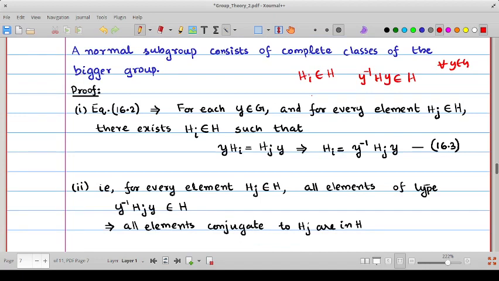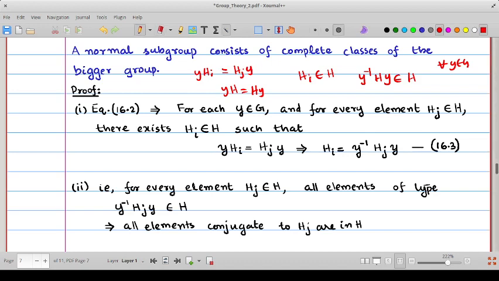So suppose H is a normal subgroup. That means YH is equal to HY. So that means for a particular element Hi of the subgroup, the element YHi should be an element of HY as well. Say that element is given by some Hj times Y, because this is an element of the right coset.